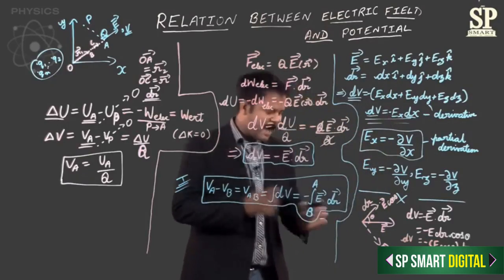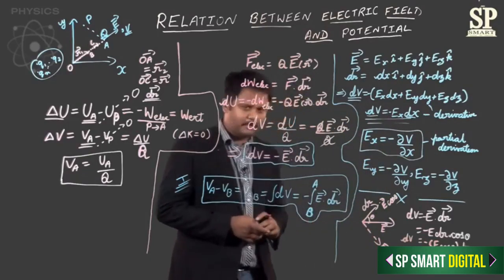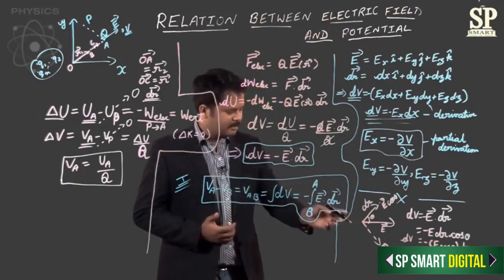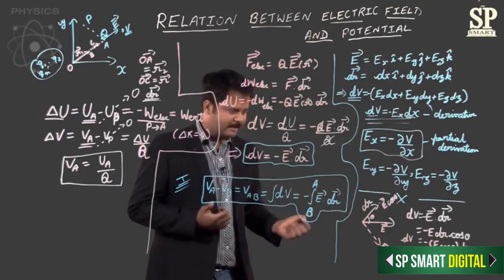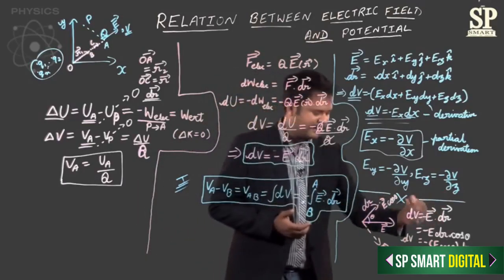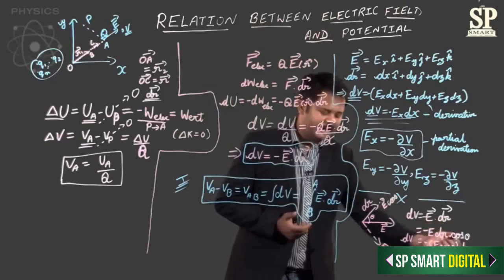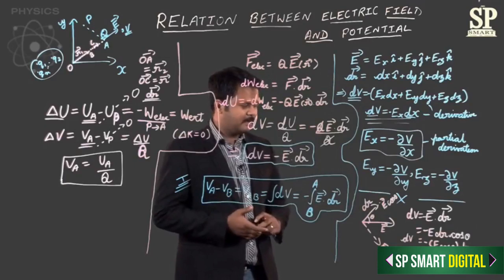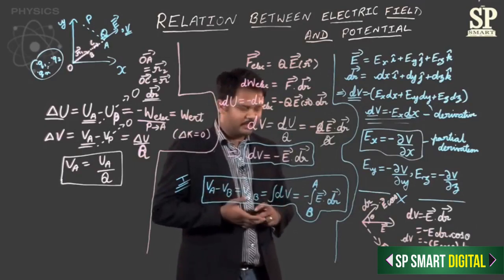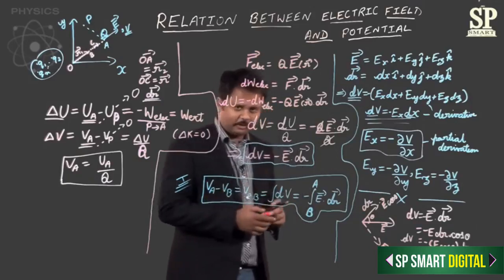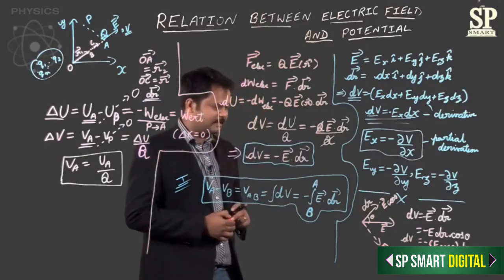Had we only had this sin theta component, or rather if the electric field's intensity is perpendicular to the displacement, then this formula would have become E dr cos 90, because theta would have been 90 degrees, which would mean that there is no change in the potential if we move along this direction dr, which is perpendicular to the direction of electric field intensity.